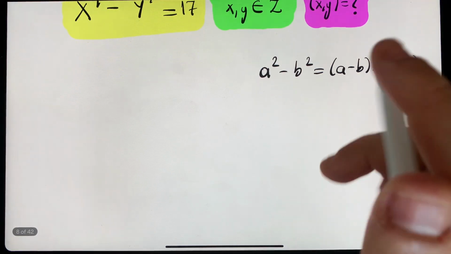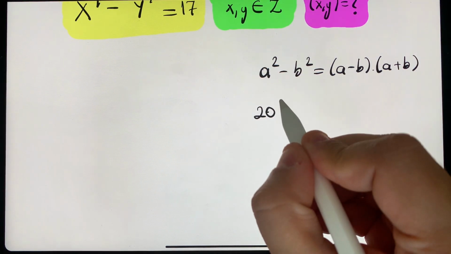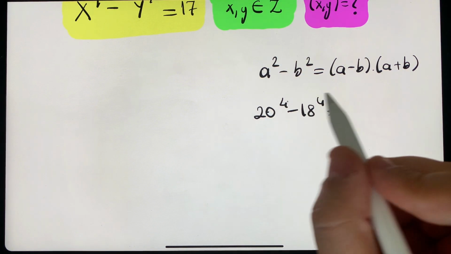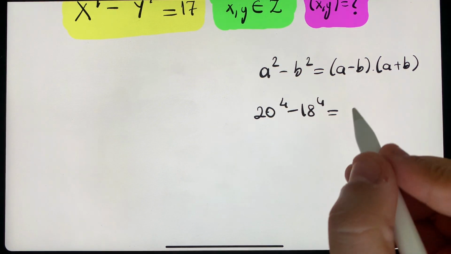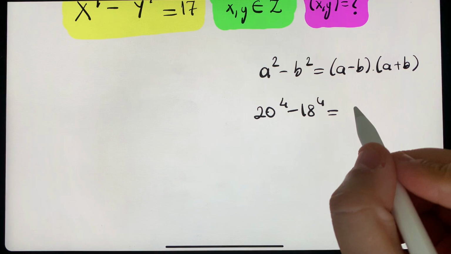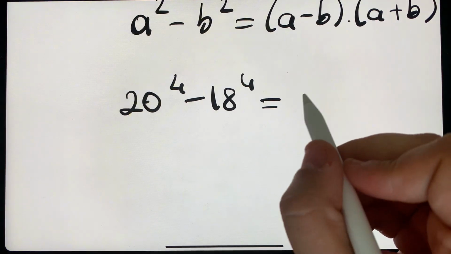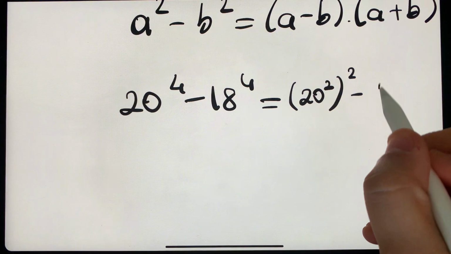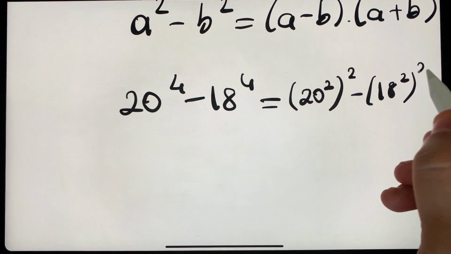If we give an example, say 20 to the 4 minus 18 to the 4. For example, I want their power to be 2. I can write this expression like this: 20 squared, squared, minus 18 squared, squared.